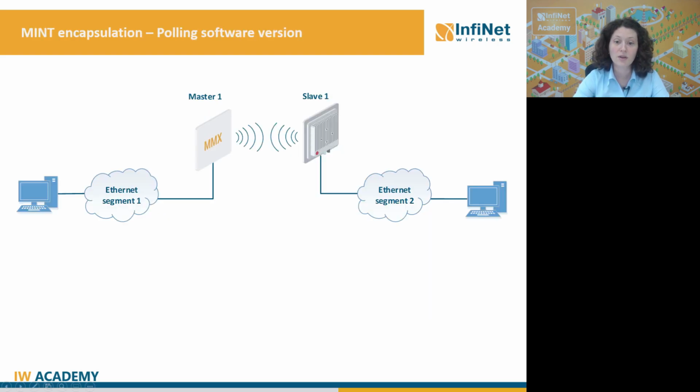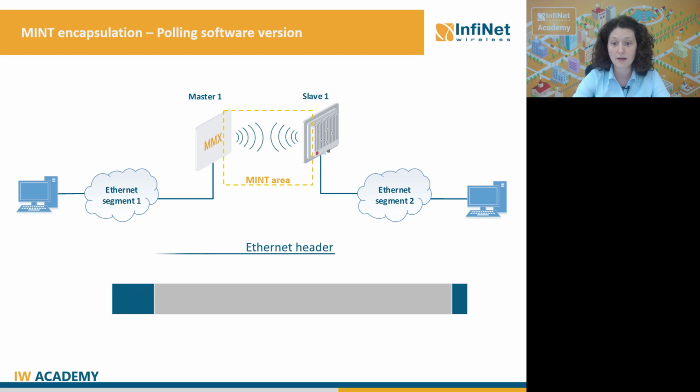Let's now check how the MINT protocol comes into play. We can see in the picture a network comprised of two Ethernet segments that are separated by a MINT area. Our R5000 series units use the MINT protocol for transmitting the data, and MINT will add its own header in order to create a MINT frame. Consider, for example, a standard Ethernet frame incoming to the Ethernet interface of master 1.